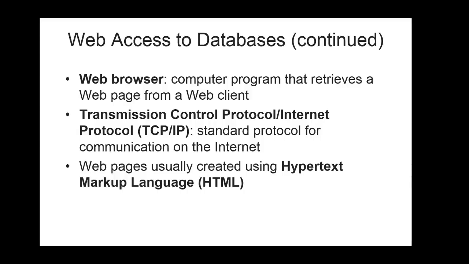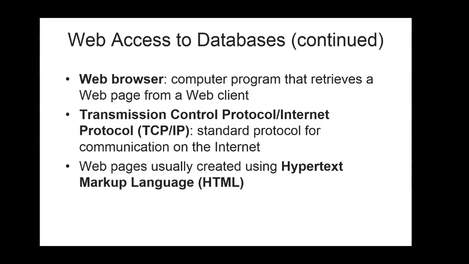We also have a web browser, which is a computer program that retrieves a web page for a web client. Popular web browsers are Microsoft Internet Explorer, Firefox, Google Chrome, Safari, and Opera.